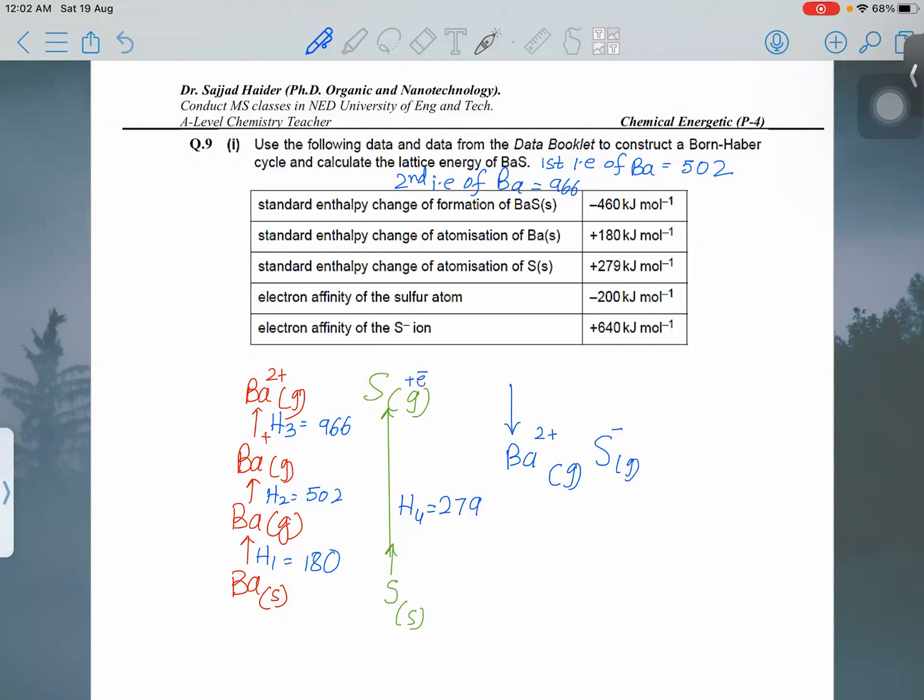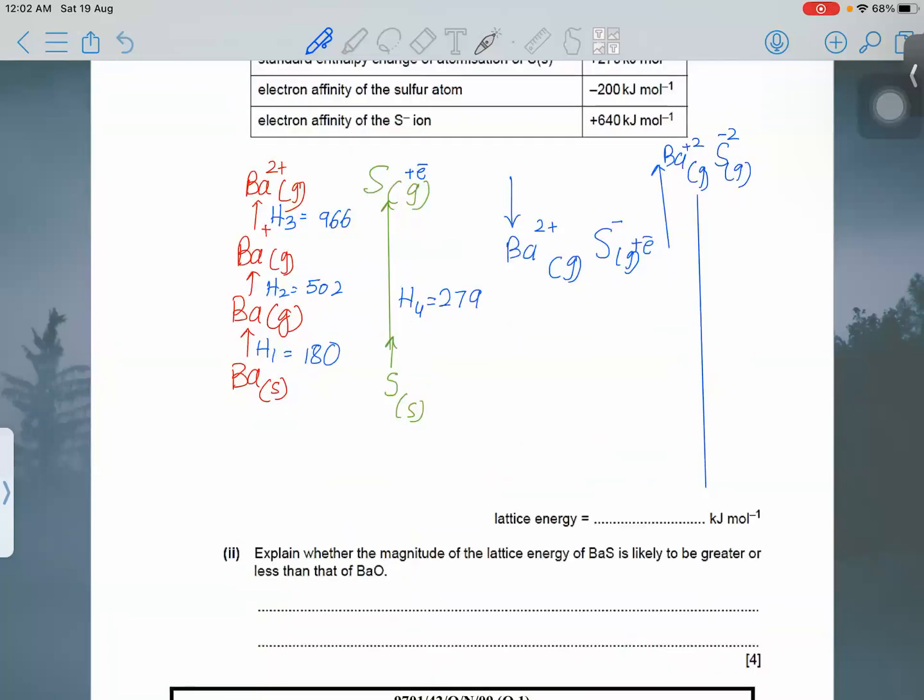One electron is gained by it. Again, sulfur gets S2 minus. So barium 2 plus gaseous. Now these two combine. This is barium sulfide.